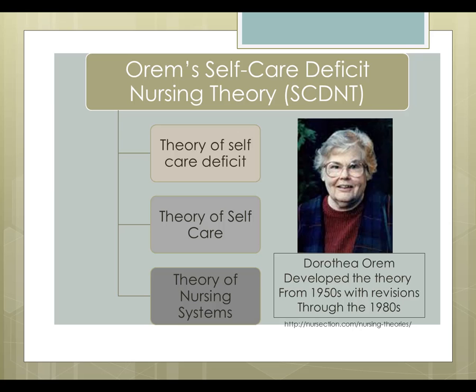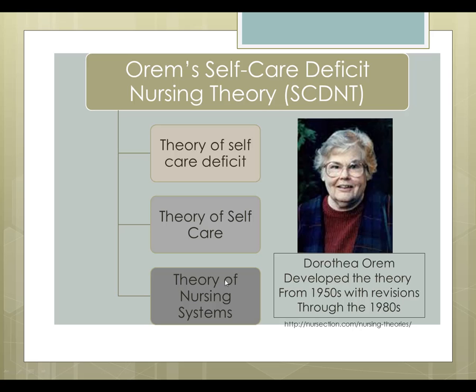When we look at Dorothea Orem, you will see in some places that her model is considered a nursing theory, which is a little less abstract. The reason it's included in models by Alligood standards is that if you really look at Orem's model, it is made up of 3 theories.